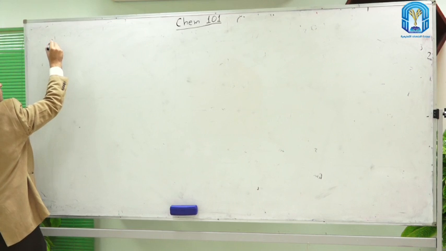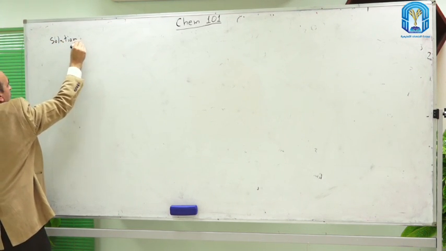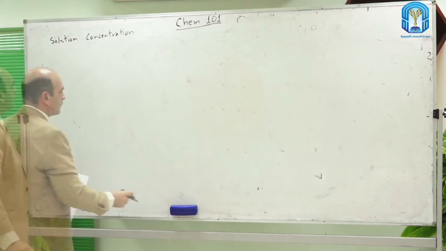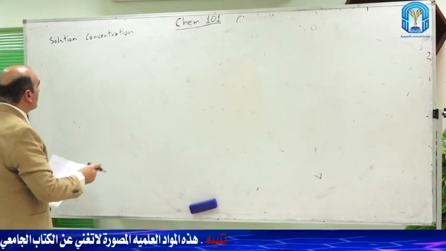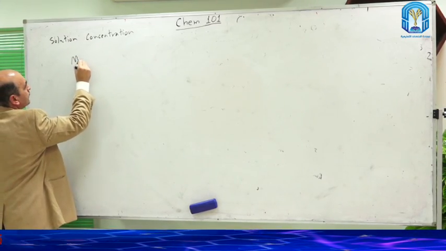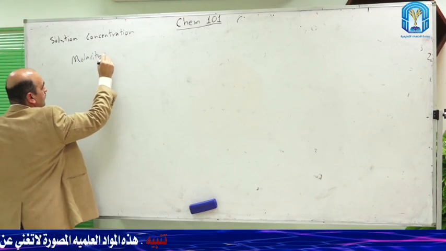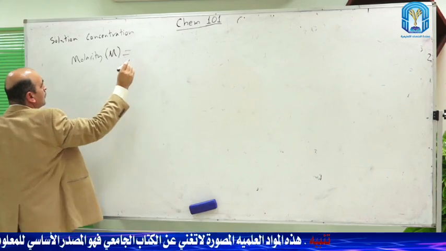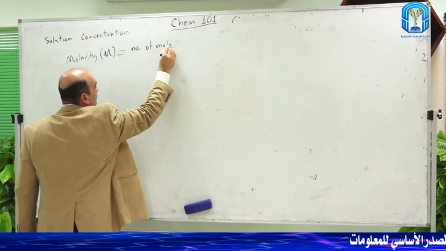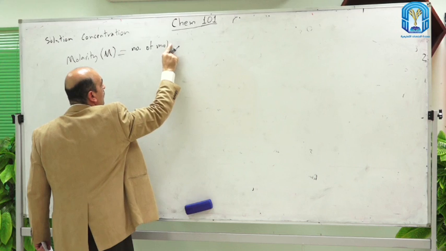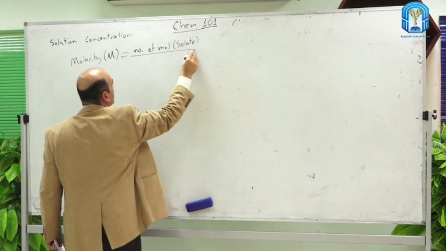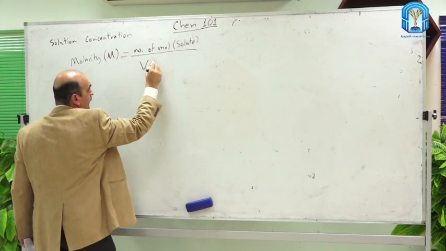Solution concentration, which means its molarity, and it is expressed with the equation molarity, its symbol M, is equal to number of moles of solute divided by the volume of the solution in liters.